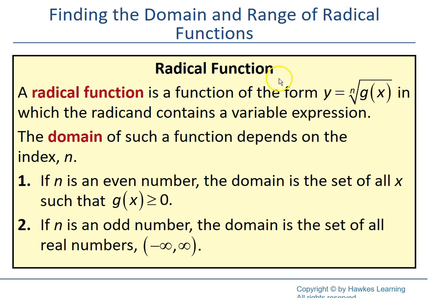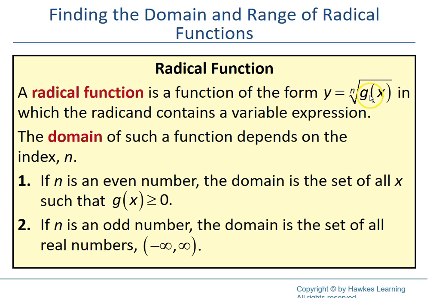Now, they're also mentioning what I mentioned in the beginning, that if you have a radical and the index number is even, then this cannot be a negative value here. Now, if it's odd, it's okay to have a negative value. This is one of the things we mentioned earlier in this chapter. All right. So it has to be greater or equal to 0.